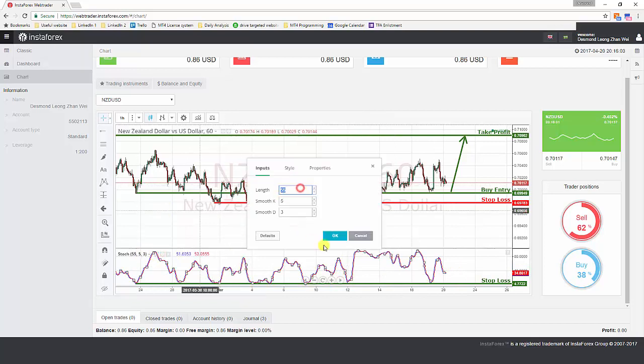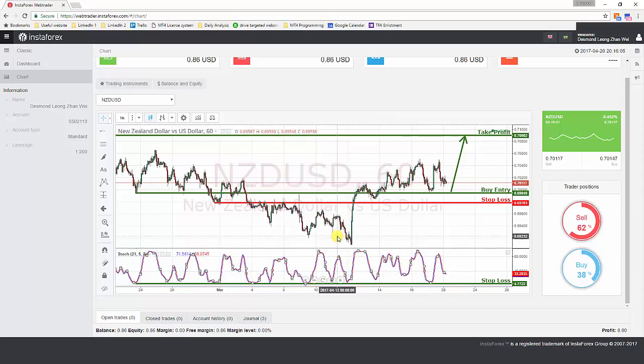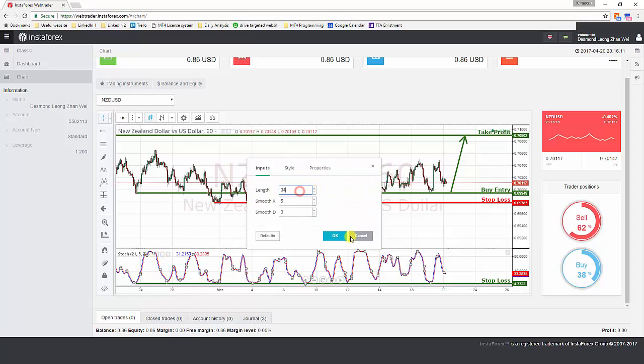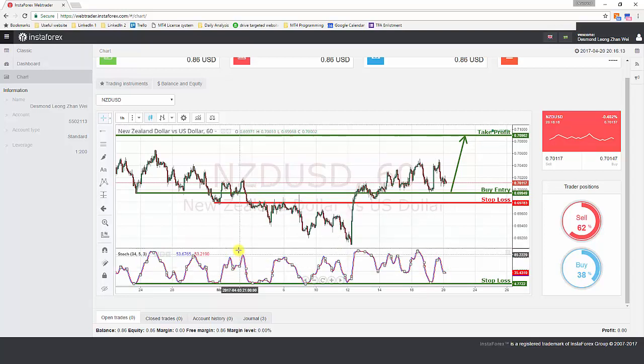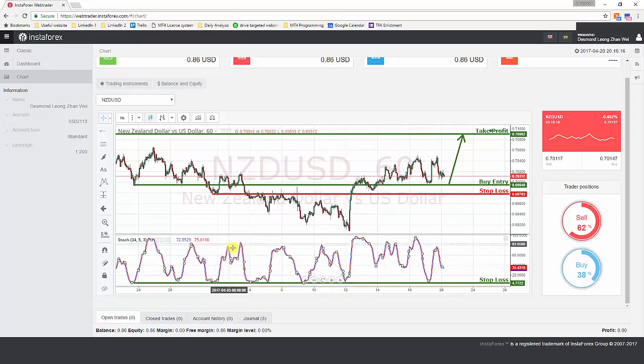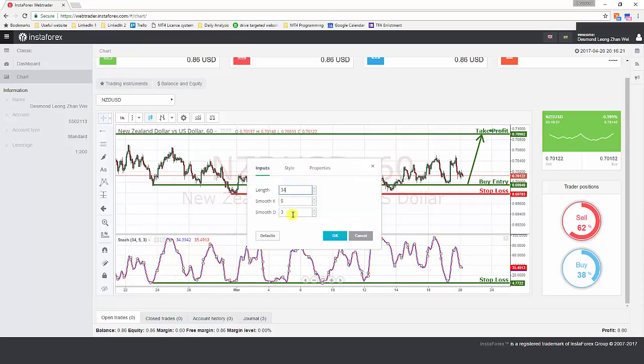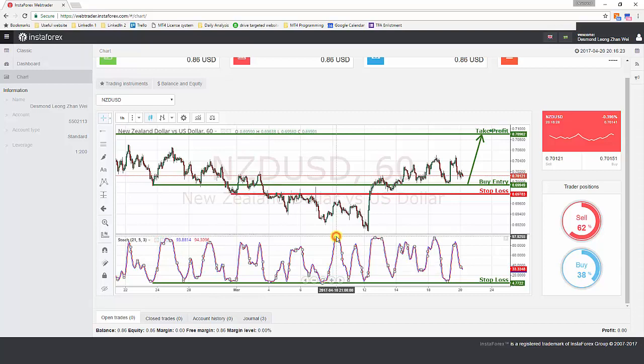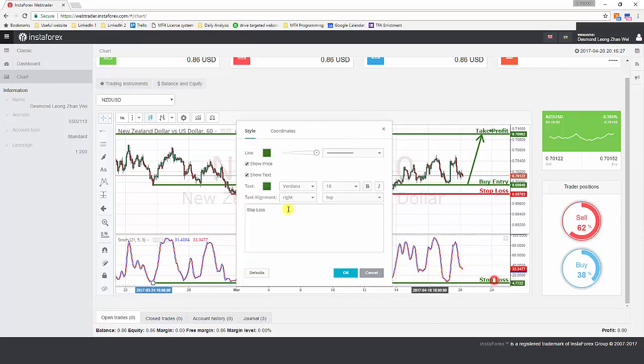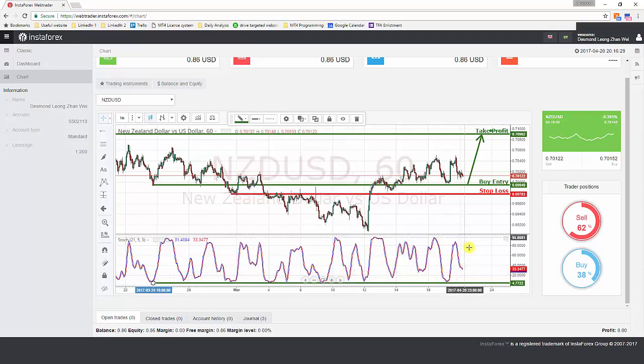I believe if we adjust it to 21, let me play around with the settings a bit and see how different it looks. Oh man, this stochastic doesn't move. I'm serious, it's supposed to move. All right, it's nothing much. We're still above support, so at least we can expect a bounce up from there.